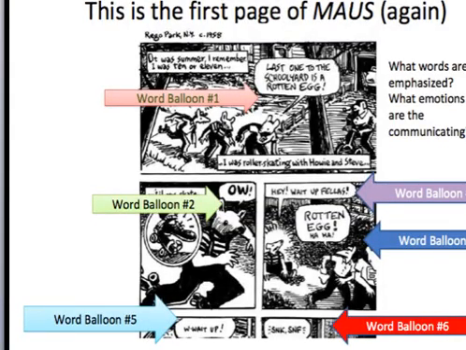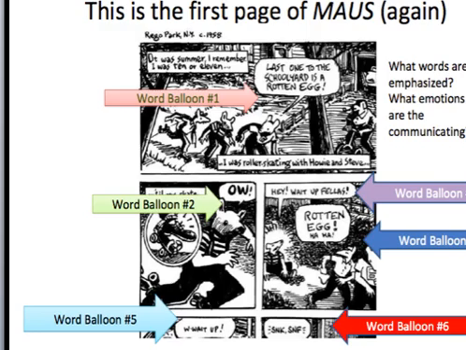So this is the first page of Maus. What words are being emphasized? What is being communicated? So the word balloons: word balloon 2, word balloon 3, word balloon 4, word balloon 5, word balloon 6, it's just kind of showing you. So he's saying "ow" in word balloon 2. So that's a sound, a sound effect, onomatopoeia.